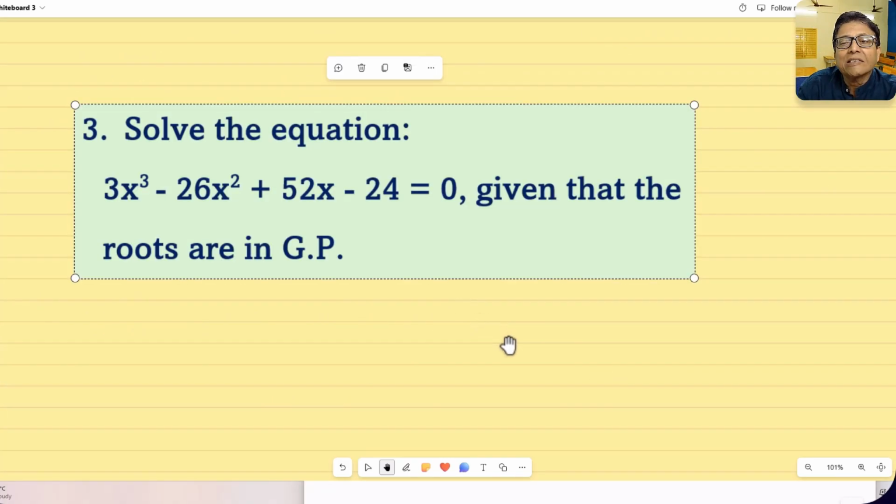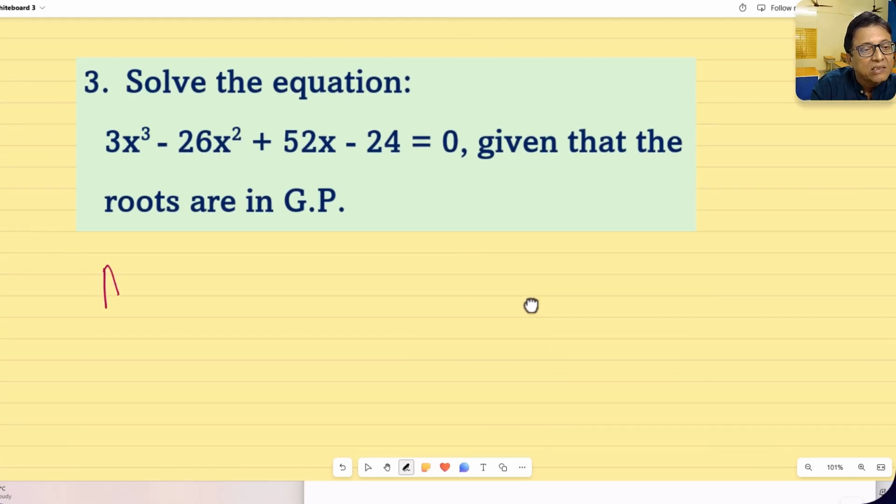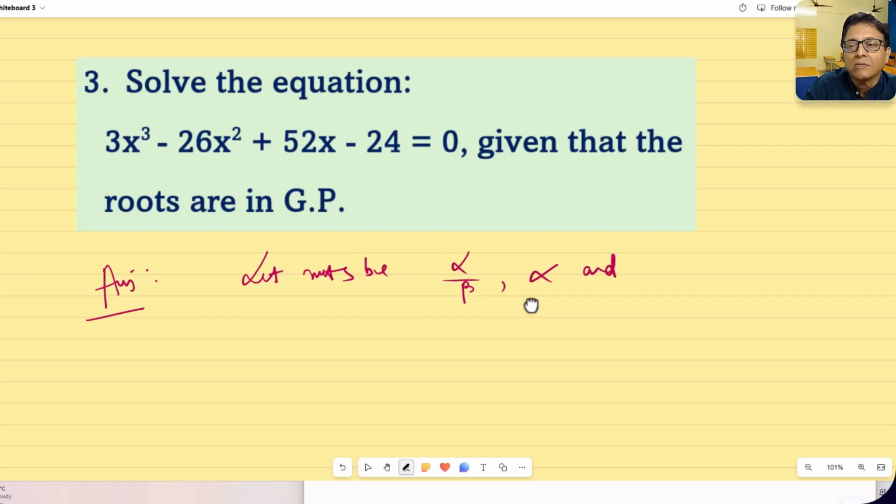For this one, it is given that roots are in GP. So if roots are in GP, you take roots in this form: alpha by beta, alpha and alpha into beta. So beta is going to be the common ratio.